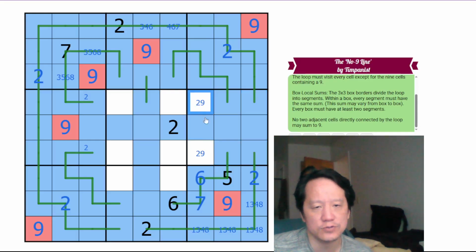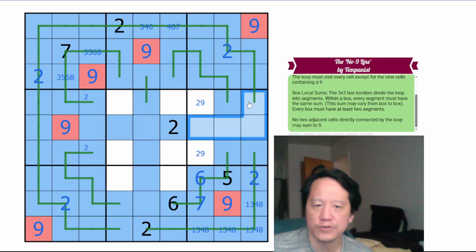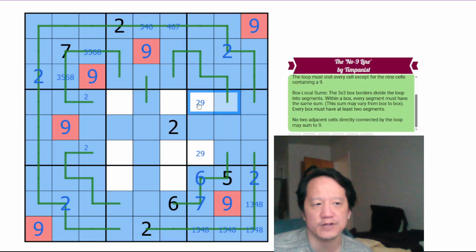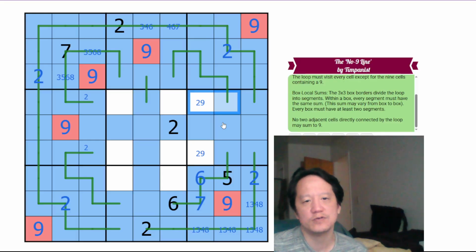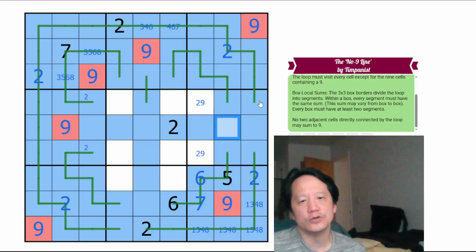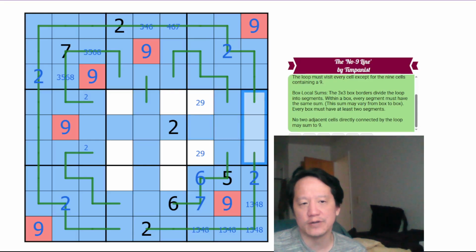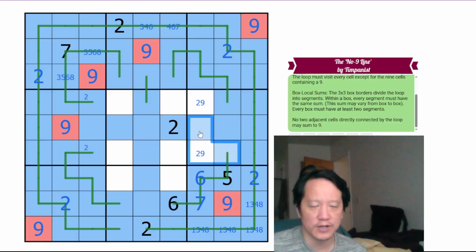One of these two, you would have a 2 in there, and that would be 4 digits, or 3 sums with 2 adding up with another digit, which doesn't add up to 12. So you cannot go out. This has to go out this way. This has to go here. And then this must go either that or that. So either way, this goes here, and it does not go out.